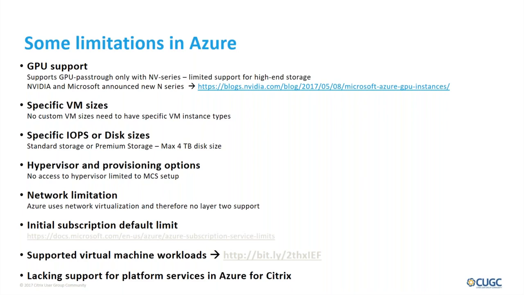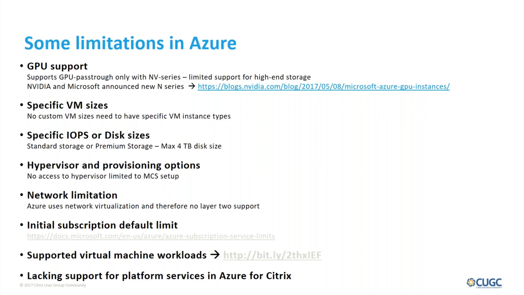And since this is a public cloud platform, you don't have access to the hypervisor at all. So we don't get console access, and this also limits our provisioning options. Citrix supports provisioning against Azure, but it actually uses the Azure Resource Manager layer to set up the virtual machines. It also comes with a set of network limitations.